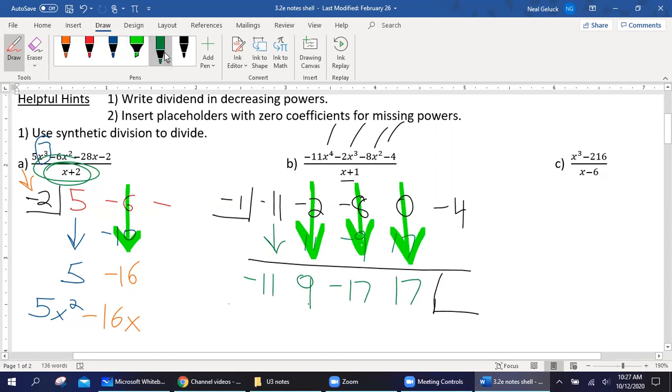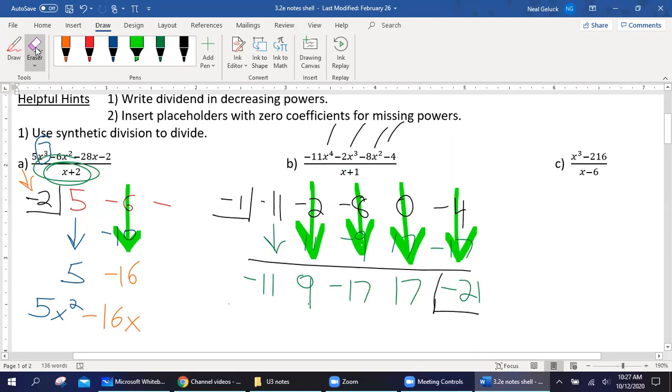Repeat. -1 times 17 is going to give me -17. Add these together. -21 is my remainder. And again, since I did not get a remainder of 0, that will tell me that x plus 1 is not a factor of the -11x to the 4th stuff.